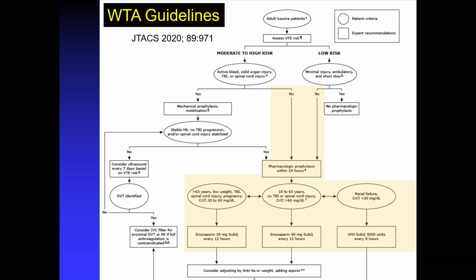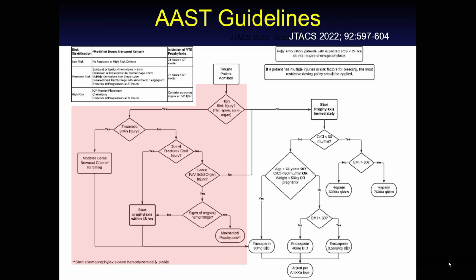But I think some weight-adjusted dosing is prudent based upon the literature. But anti-10A testing, consider it. Again, most of us, I don't think, are doing that just because it's somewhat onerous to do. And again, the literature is mixed in regards to it really making a difference.